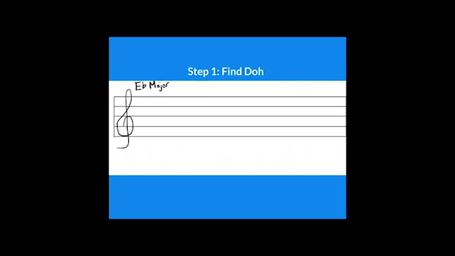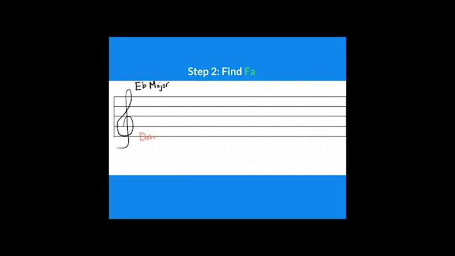So now let's talk about how to write key signatures using flats. So the first step is going to be to decide what note do is, and again it's easy, it's right there in the key signature. In E flat major, E flat is do. So we know that down here this is going to be do.